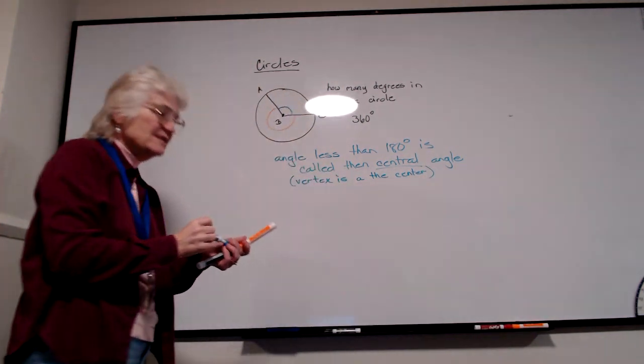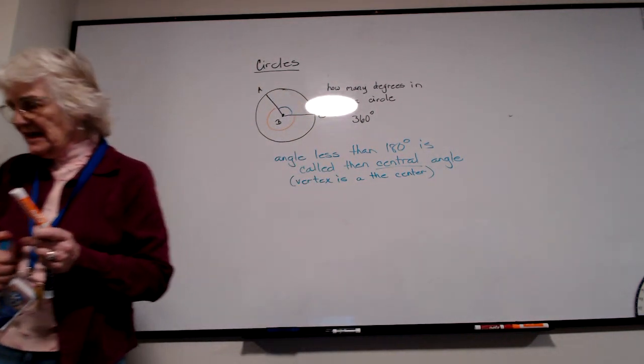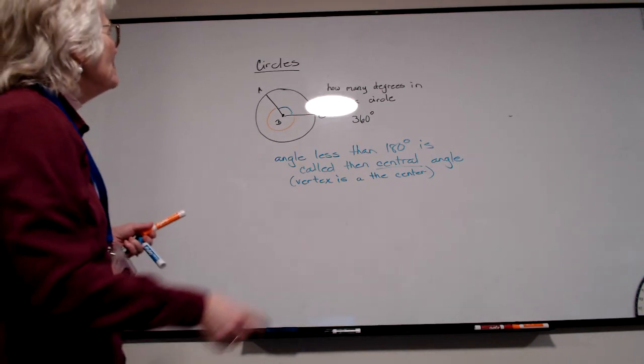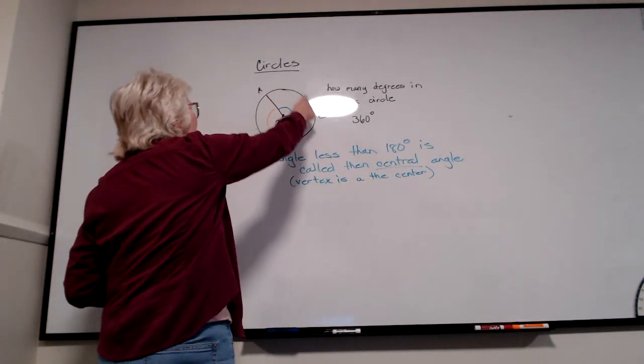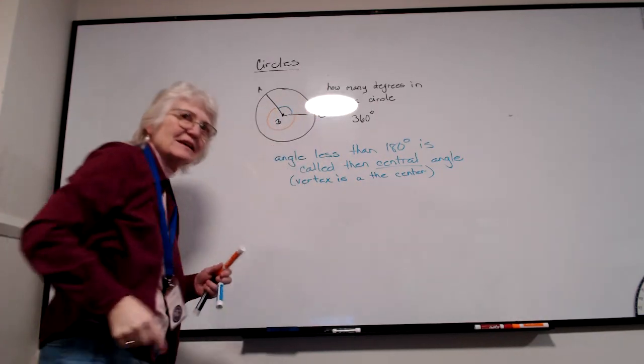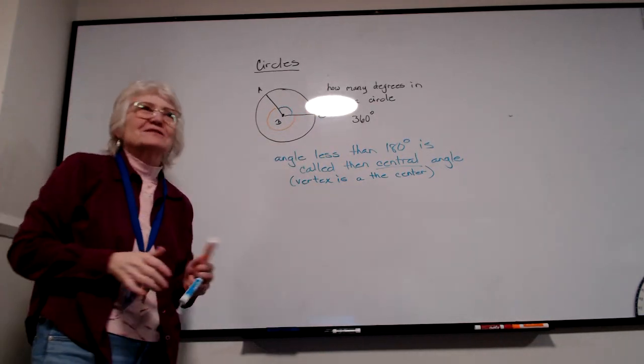Okay, so that's called the central angle. That's usually the one we are talking about the most. It's also called the minor arc, because this arc right here is smaller than this arc here. But we'll come into that in just a minute.